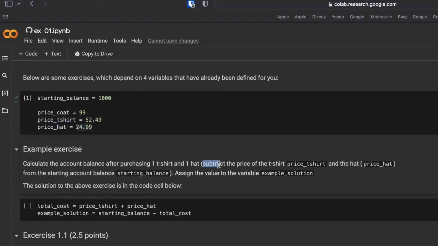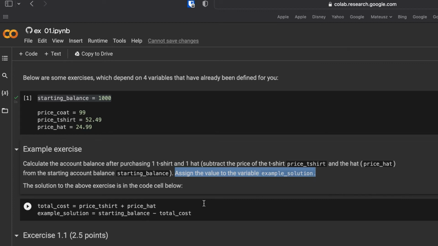So basically, subtract the price of the t-shirt and the price of the hat from the starting account balance. Okay, so it has been specified that this is our starting balance. In the exercise, they also ask us to assign the value to the variable example solution.